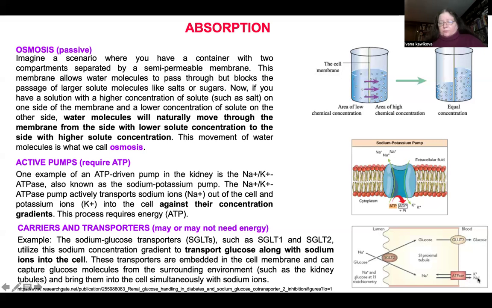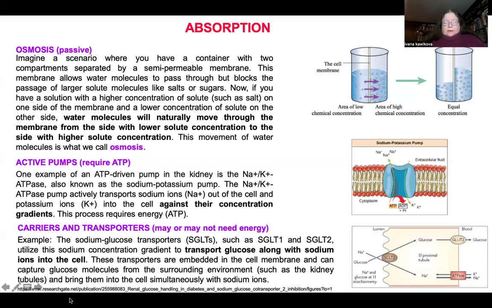Sodium is moved out of the cell, and therefore there will be a lower concentration of sodium inside the cell, which is going to facilitate the movement of this transporter. And with this, glucose also comes into the cell, and it then moves to the blood through another glucose transporter, because it is facilitated by the higher concentration of glucose inside the cell.